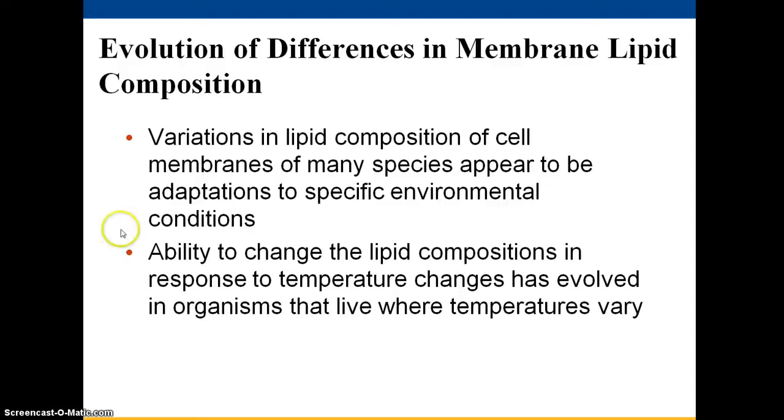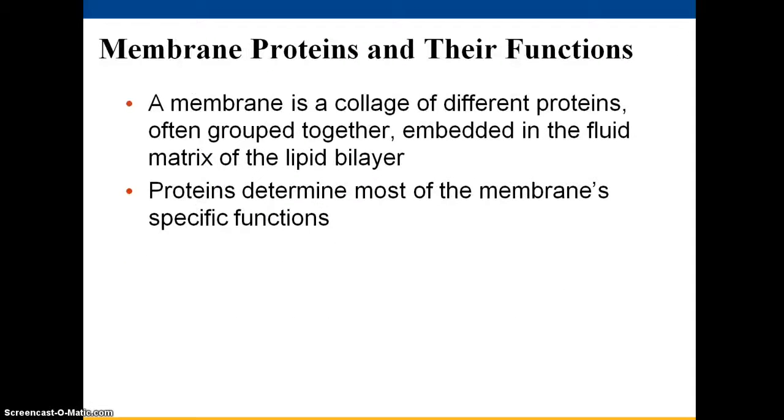Also, when we think about the ability to change from season to season, wheat plants are subject to drastic temperature changes throughout the year, but in autumn, the percentage of unsaturated phospholipids actually increases, and this helps prevent their membranes from packing too tightly in cold winter climates. On the other hand, archaebacteria, or the thermophiles that live in hot springs, have unusual types of lipids that actually prevent excessive fluidity.